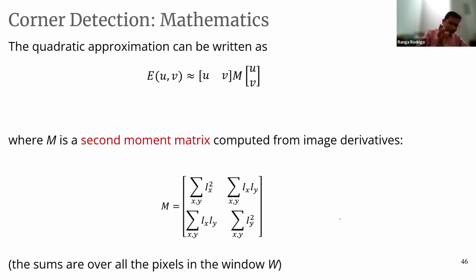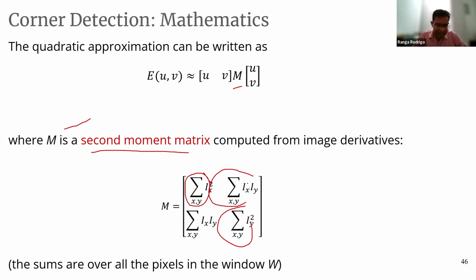The quadratic approximation can also be written as a matrix multiplication. This is our matrix multiplication, and it's very important. This matrix is called the second moment matrix. You can see it's the summation over a window of Ix squared, summation over a window of Iy squared, and summation over a window of IxIy, twice. So we can construct this M matrix at each pixel location.